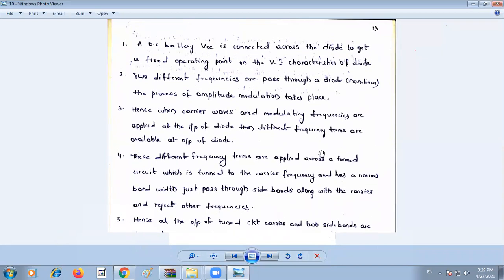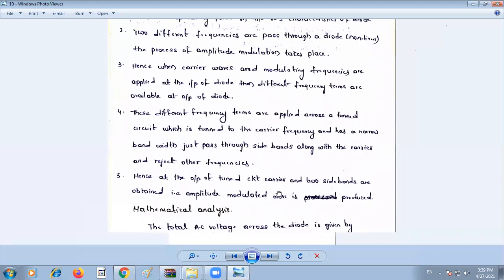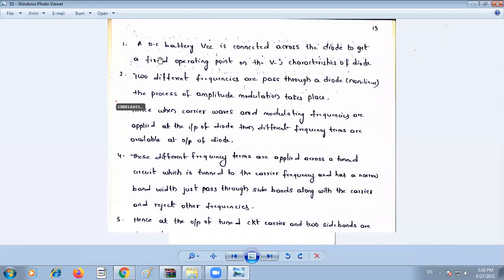Okay, so this is the operation of the circuit. The point wise operation takes place here. The first point is that the DC biasing supply is meant for the diode operating point, and after that the diode comes under the operation process. So two different frequencies are passed through the diode.